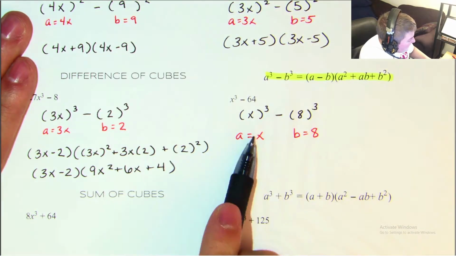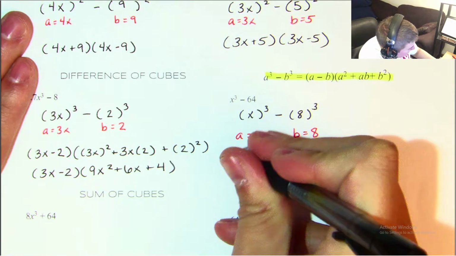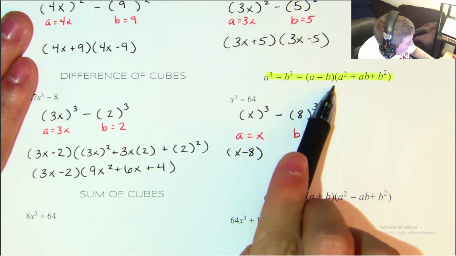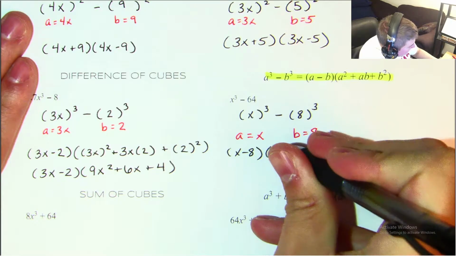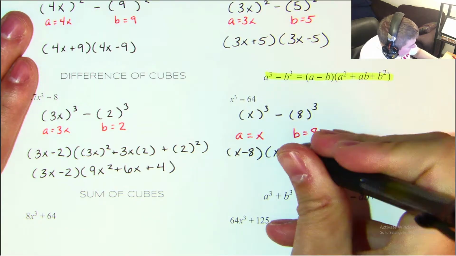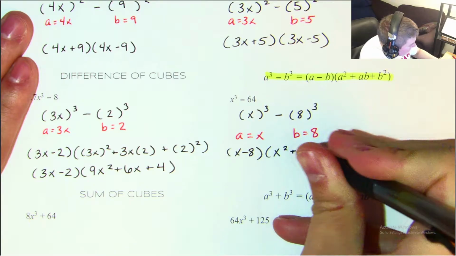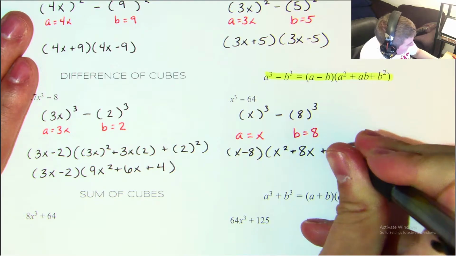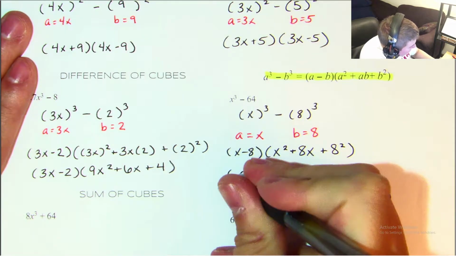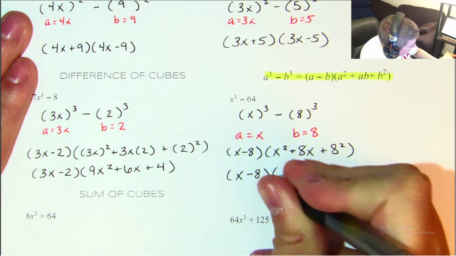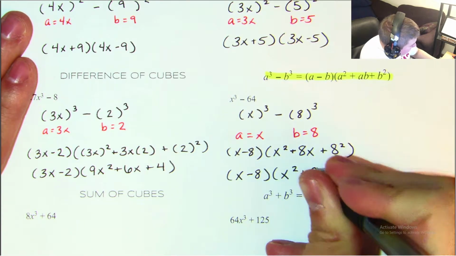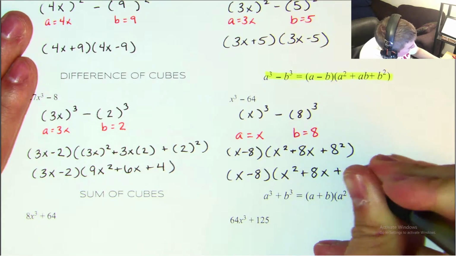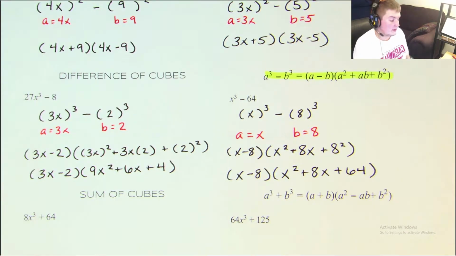So a minus b, so x minus 8, times a squared, so x squared, plus a times b, which I'm just going to write as 8x, and then plus b squared, which is 8 squared. We're lucky and x squared is just simplified, and 8 squared is 64. And that is the difference of cubes factoring.